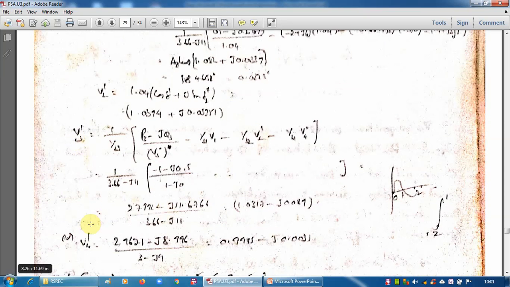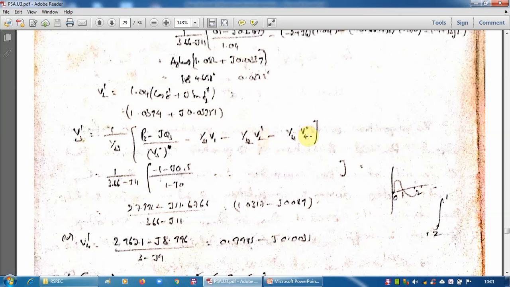Now V3 and V4 are load buses only. If it is a load bus, we have to calculate its voltage and angle. For that, the procedure is the same as the previous one. Use the voltage expression, substitute the corresponding values. You see here V2, for V2 we can substitute this value. For V1, the slack bus voltage is always constant, 1 plus j0.